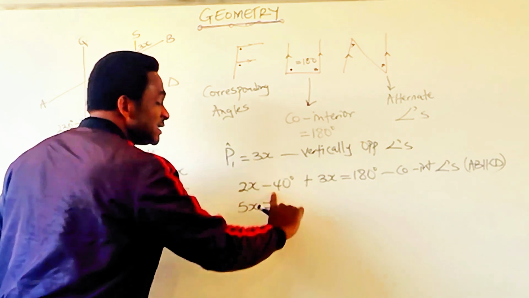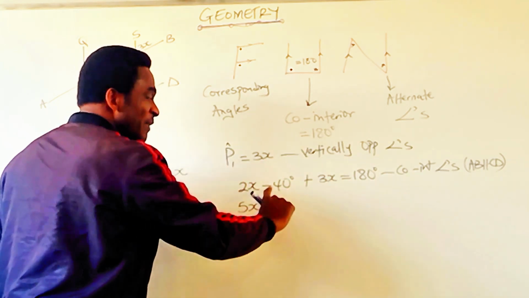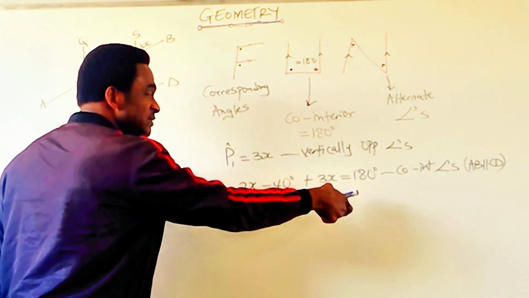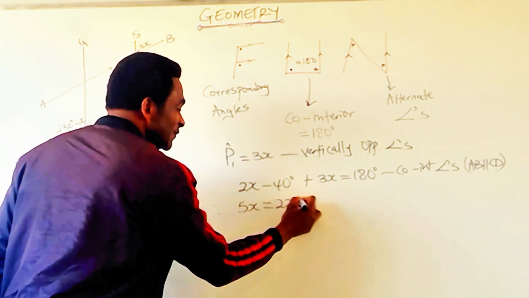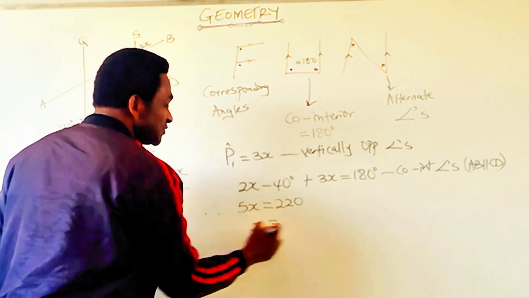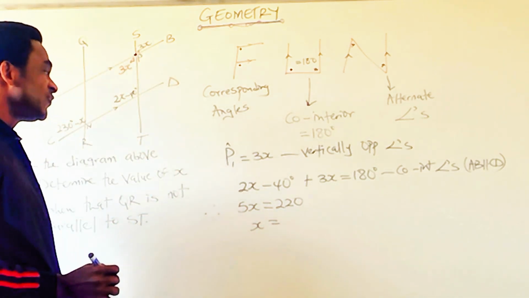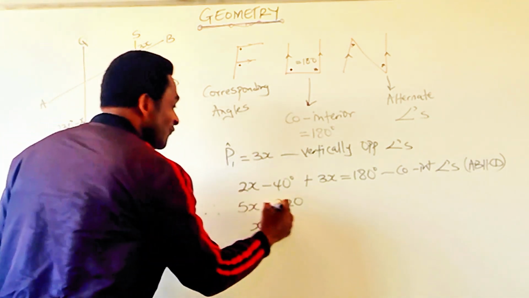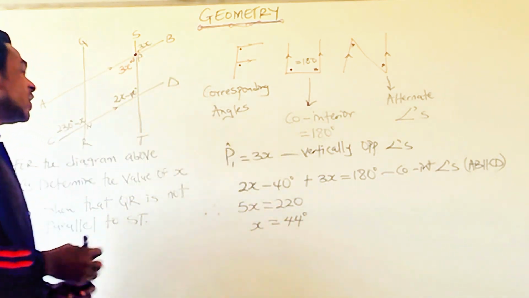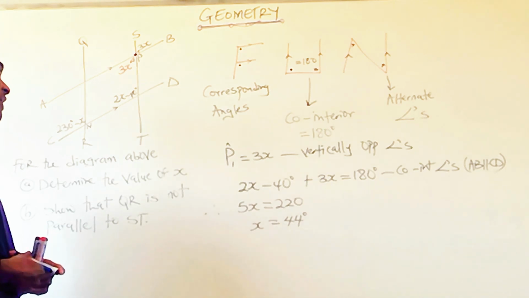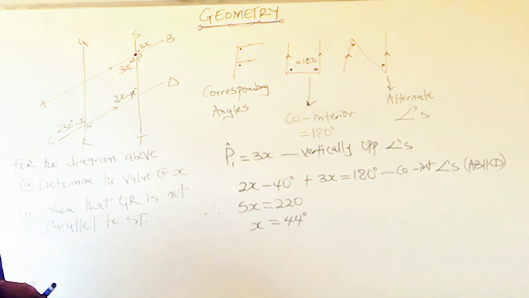Now 180 minus 40 crossing over becomes a plus 40, which becomes 220. If we divide by the coefficient, which is 5, we will have 44. So we have 44 degrees as the value of x.